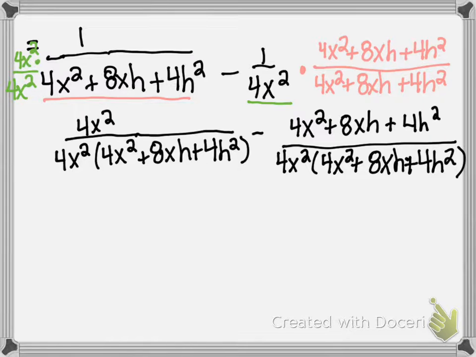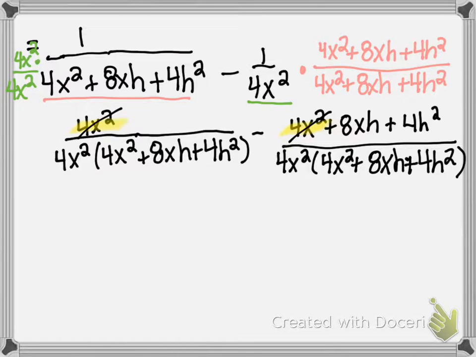So we've at least got a common denominator now, and since we have a common denominator, we can do some subtraction. So if I simplify a little bit, I can see that I have 4x squared, and if I subtract 4x squared, those are going to cancel each other out. Okay?